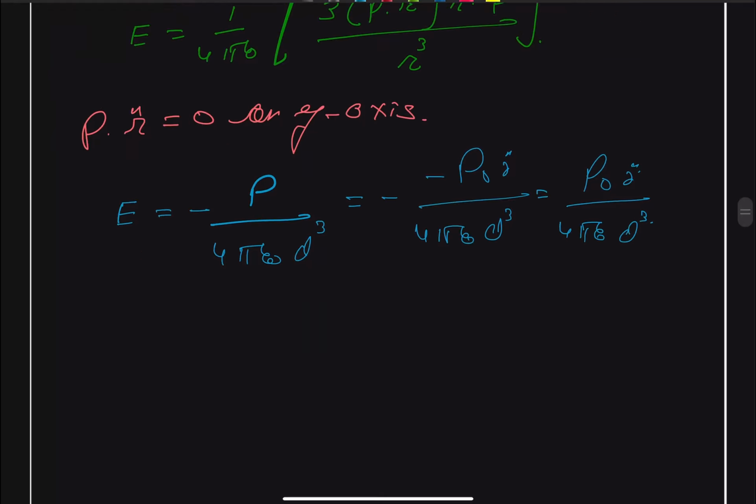Okay, let me write it separately here. So we get electric field is equal to P naught x unit vector divided by 4 pi epsilon naught D cube. But from the looks of this formula, it looks like both electric field and the dipole are in the same direction.